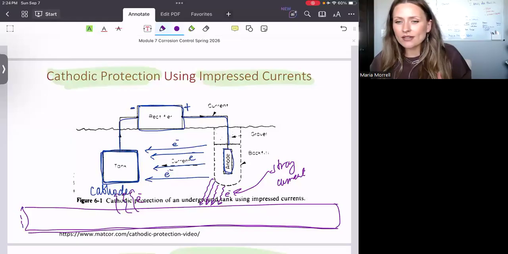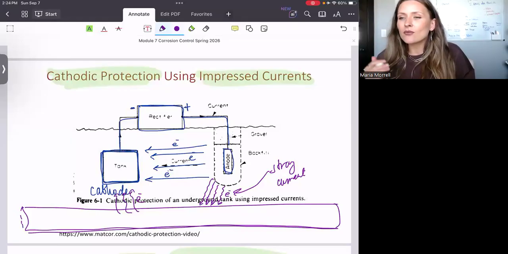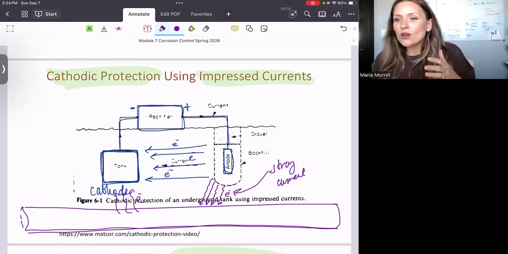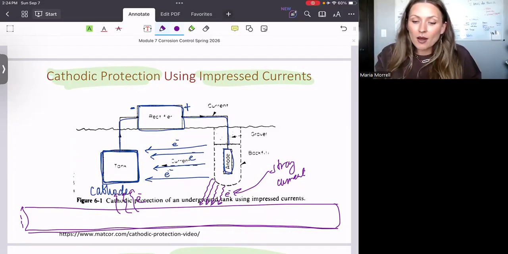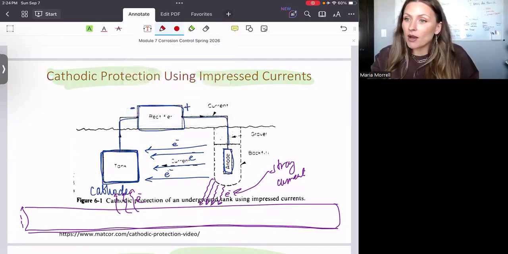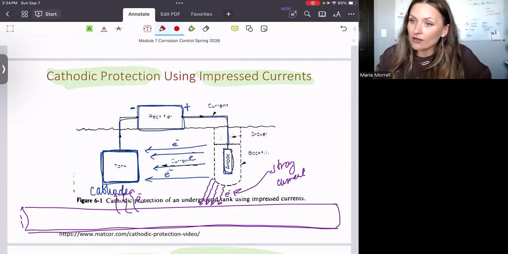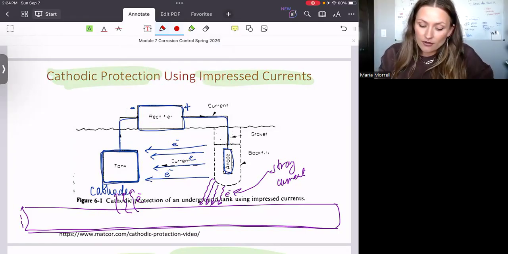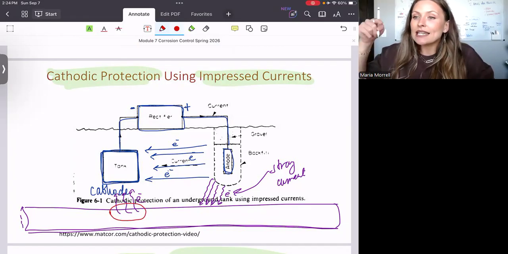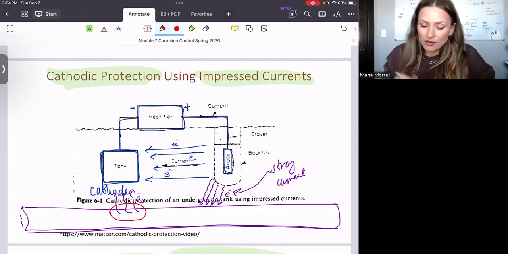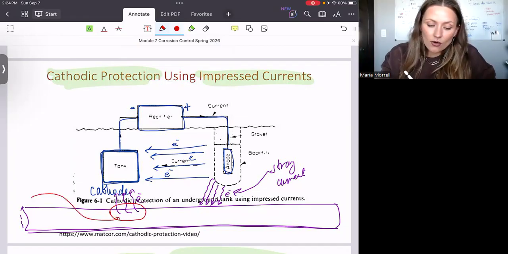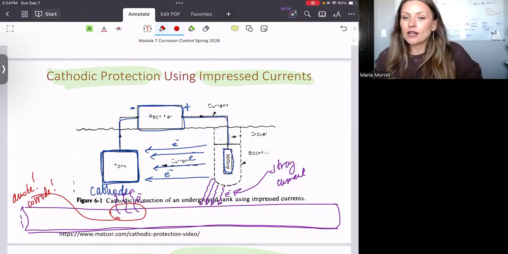Perhaps you want to pause the video and think, what's going to happen to the pipe of my neighbor? And the answer is that my neighbor is not going to have a retirement fund, because the area where the electrons leave the pipe is going to corrode because it becomes an anode, right?